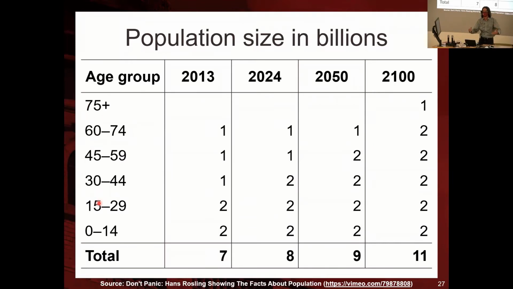But also because we have improvements in mortality. People are living longer. By living longer, we will have more people in older ages, from 1 to 2 billion here. And then we're going to have an extra 1 billion people reaching at least 75 years of age.